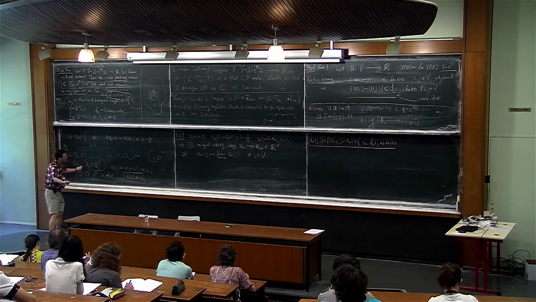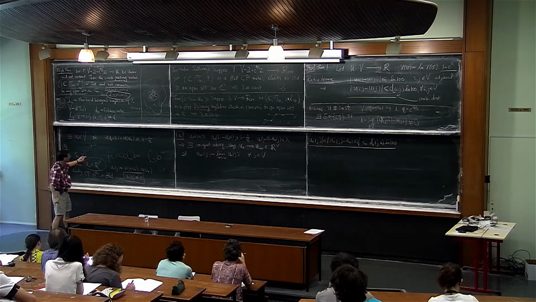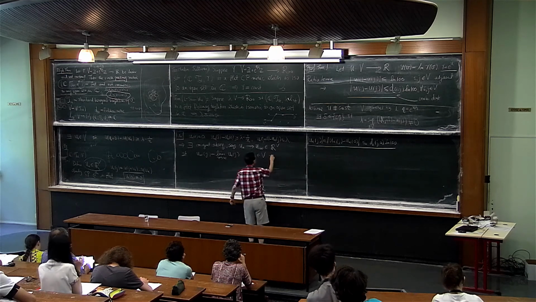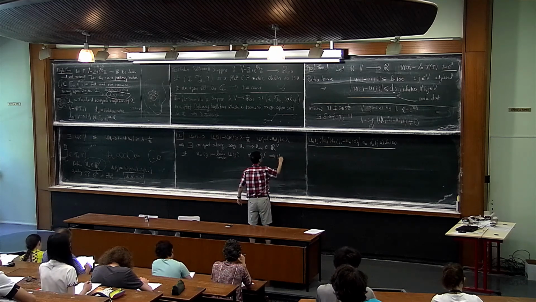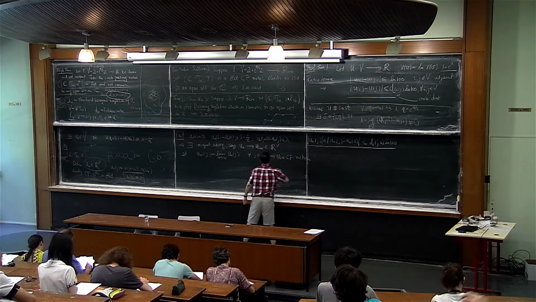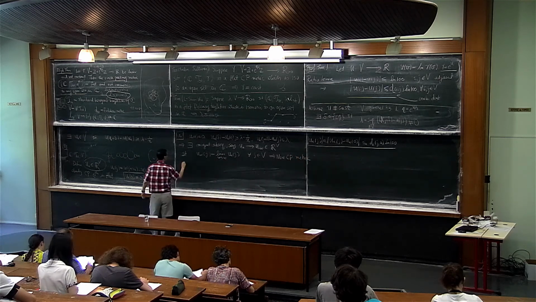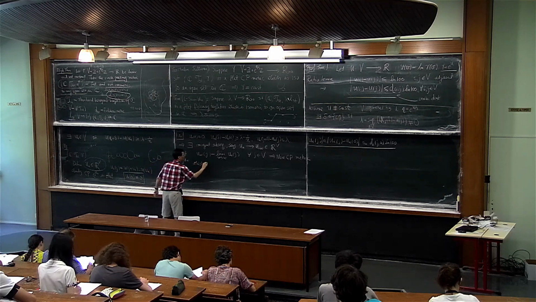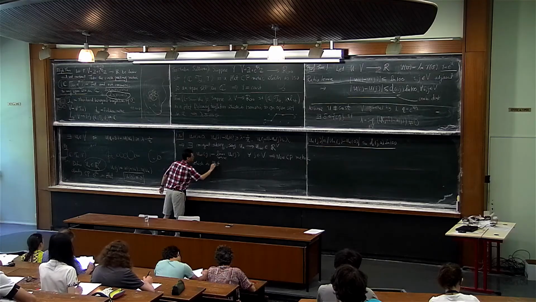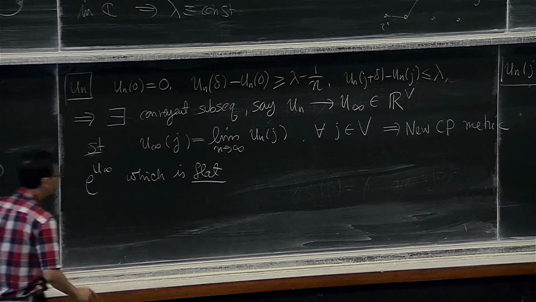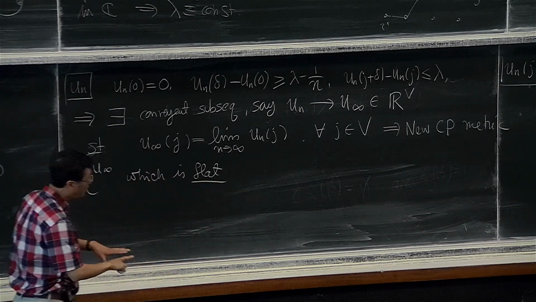Okay, and you can do the limit because of the ratio lemma. So we're going to produce a new circle packing metric, e to the u infinity, which is flat, which is again flat because the original one is flat. So the reason is, of course, the flatness is about the curvature.